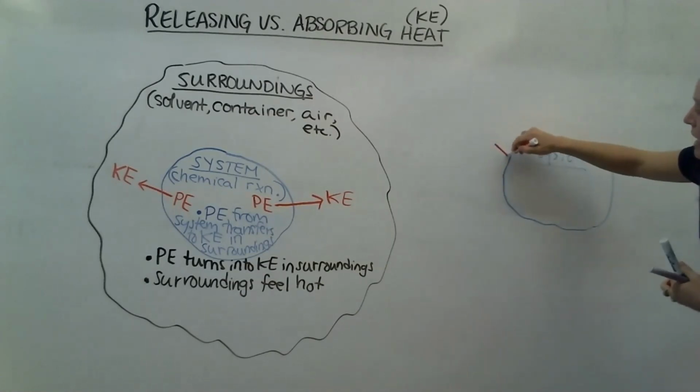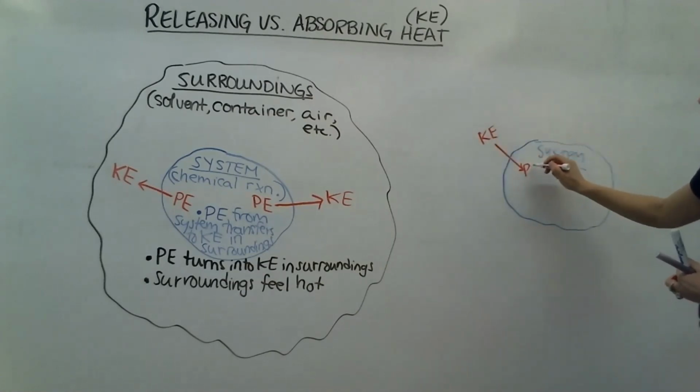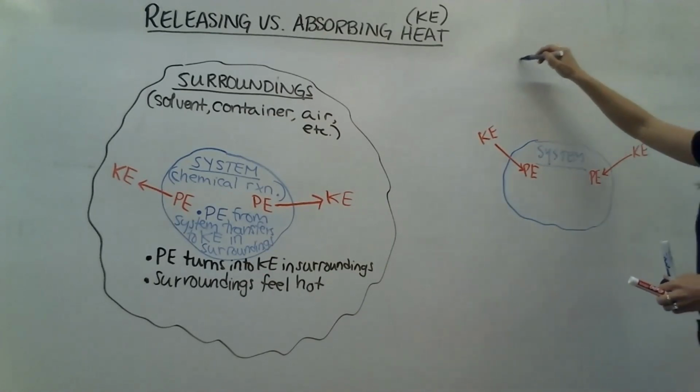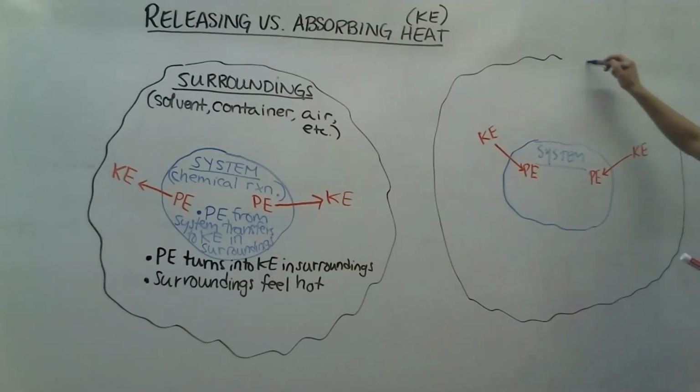So this time, kinetic energy comes from the surroundings and gets stored as potential energy in the system. That kinetic energy is coming from the surroundings. So, do the surroundings feel hot or cold?